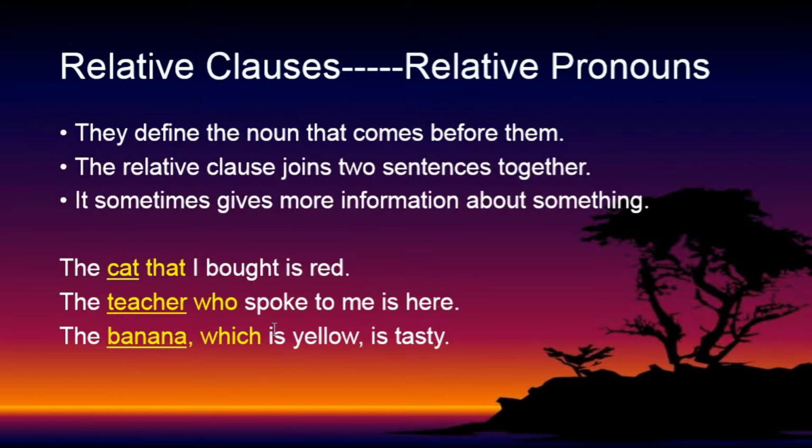We already know the banana is yellow. We don't need this. So it's extra information, something common sense. In this case, it is not necessary for the clause to be here. I can delete it and say the banana is tasty. It still makes perfect sense. This extra information is not necessary. I'll get into that in a minute.